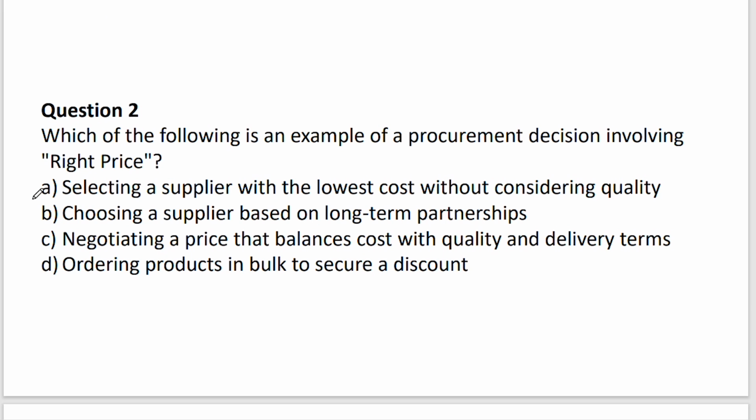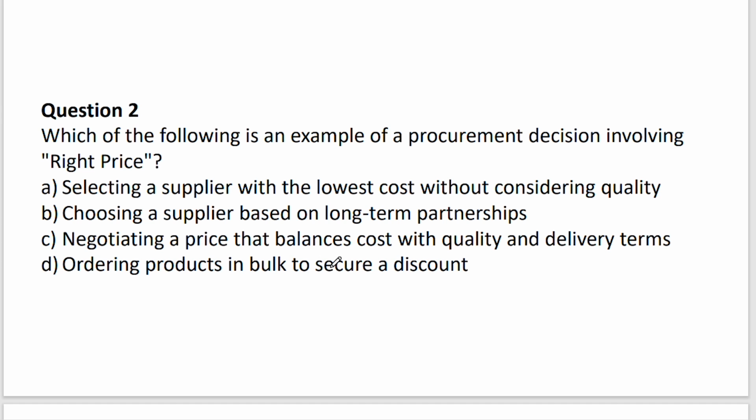Now, which of the following is an example of a procurement decision involving right price? Selecting a supplier with the lowest cost without considering quality? Well, then you just gain low quality, but yes, you save some money. Choosing a supplier based on long-term partnership? That's a relationship, but what are they bringing to the table? What are they helping you with?